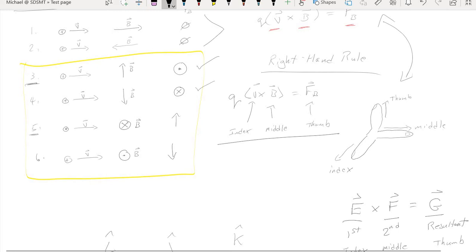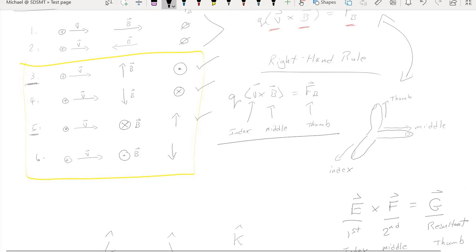If we keep our index finger pointing to the right and we have our middle finger point into the page, our thumb pops up and points upwards. So that one works. And then we point our index finger to the right, and careful with rotating your wrist.